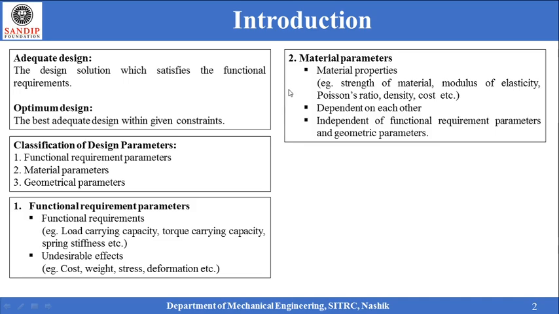Material parameters pertain to the material properties such as strength of the material, modulus of elasticity, Poisson's ratio, density, cost per kg, etc. One property of material parameters is that they are dependent on each other, which means you cannot change the cost of a particular material without changing its strength, or you cannot change the density of the material without changing the modulus of elasticity of the material.